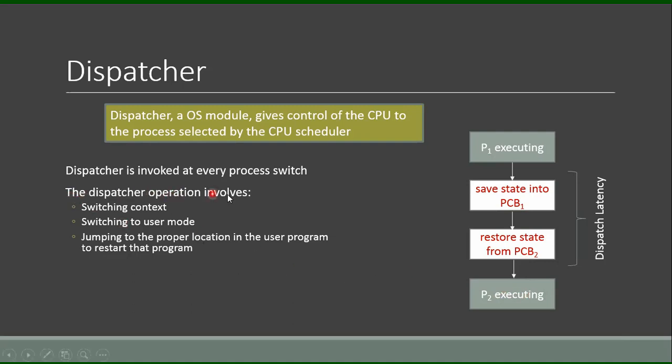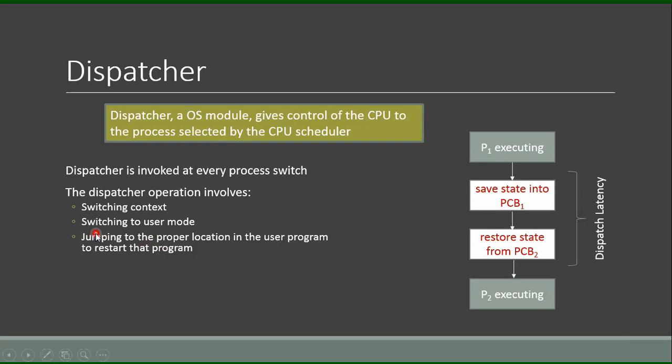So the dispatcher operation involves switching context, which means saving the state into PCB1 and loading the state from PCB2. This is known as a context switch. That is, the process that has been blocked, its context will be stored, whereas the process that has been selected for execution by the scheduler, its context will be reloaded.